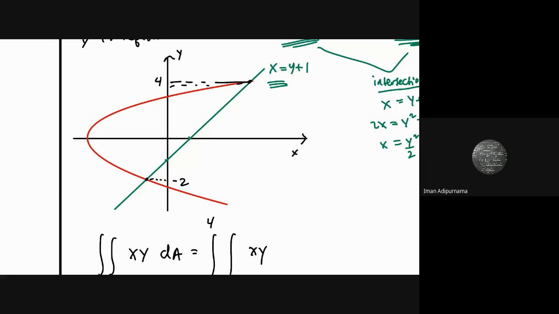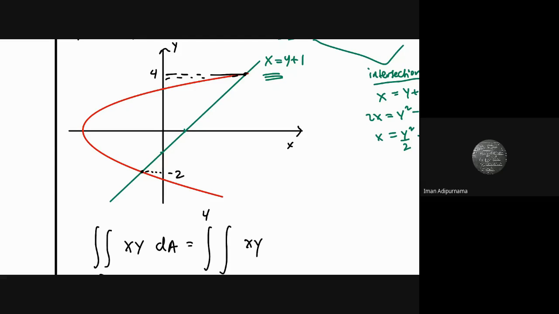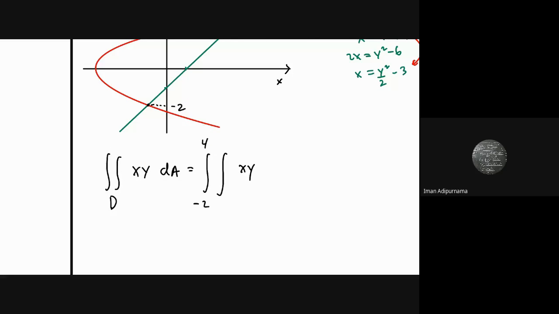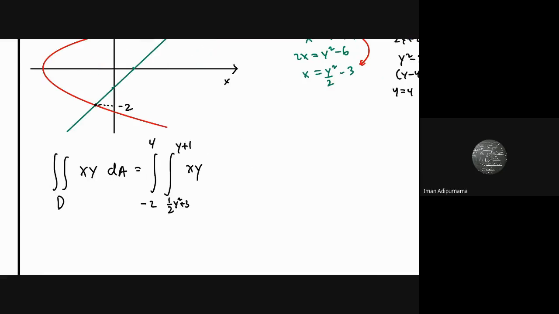The right one. The red one is below. If you rotate the graph, y plus 1 is here, and this is the lower boundary, and then dx dy.